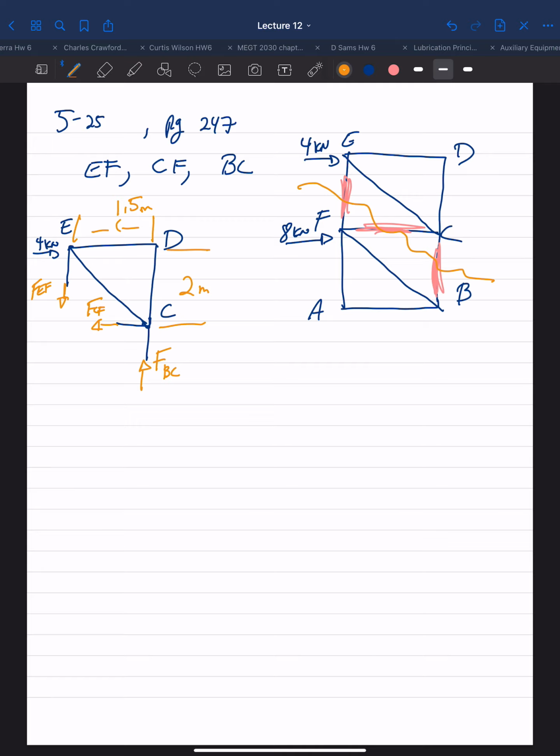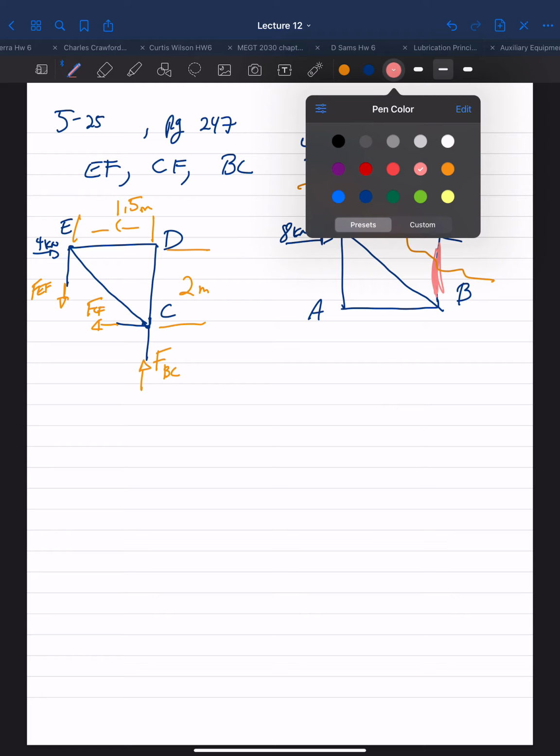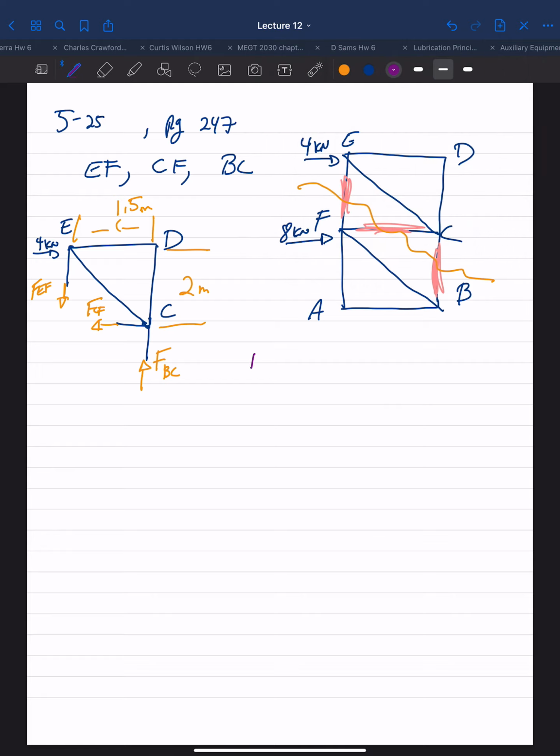So if I take the sum of the moments about point F, then I can ignore FEF and FCF and worry about the unknown FBC.